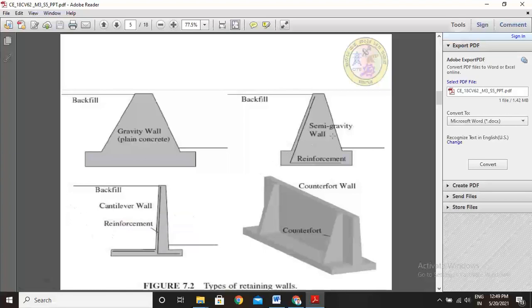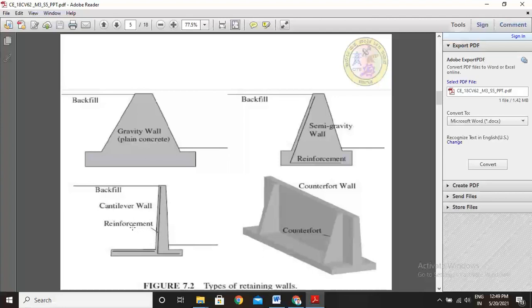Before that I will explain here. This is a semi-gravity wall. We provide reinforcement here. So this is a semi-gravity wall. This is backfill. See this figure. This is the cantilever wall, a cantilever type retaining wall. These are the reinforcements, and this is backfill. And this is the counterfort retaining wall.